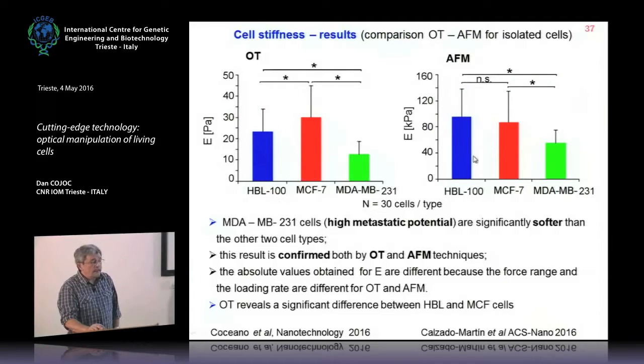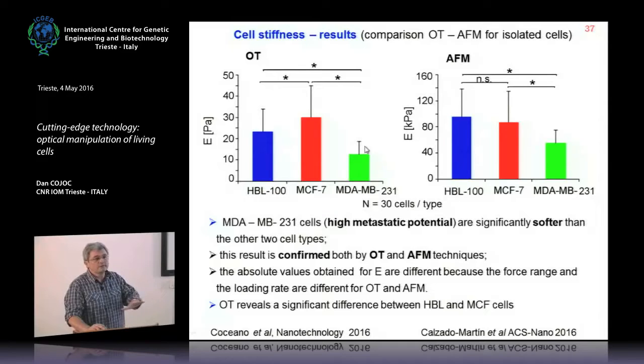We compared the results obtained with optical tweezers and with AFM. And we observe, and also other groups observe, that the metastatic cells are softer than the other two cells. And this is the same for AFM and optical tweezers.